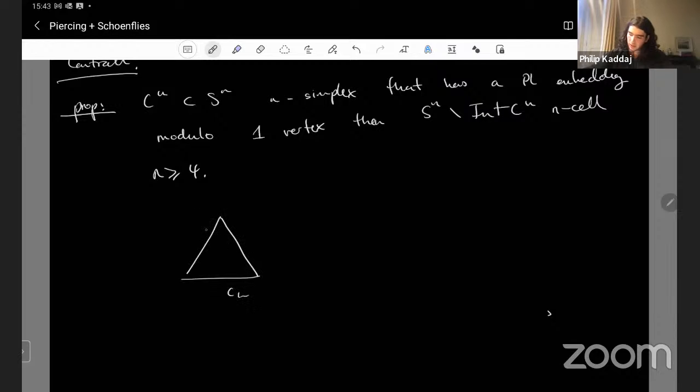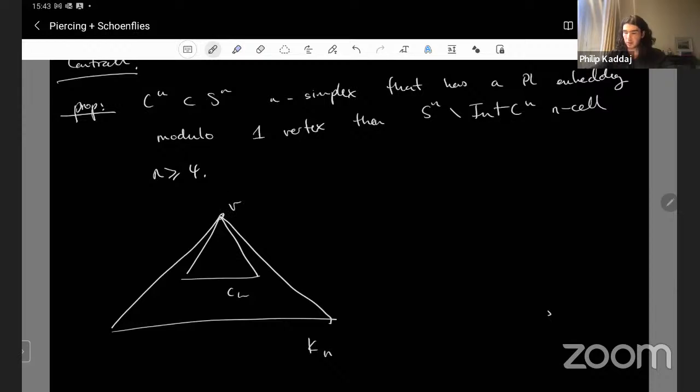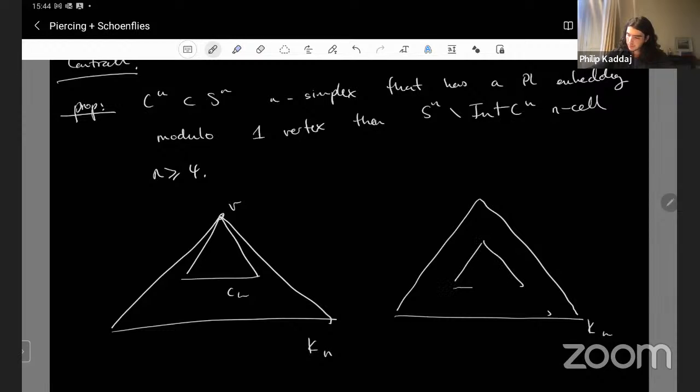We can consider it as a subsimplex of a larger simplex Kn, which shares the vertex V that is non-piecewise linear. Then we can also consider inside Kn a simplex contained in its interior, which we call En, and an arc alpha, which connects V to some vertex of En.